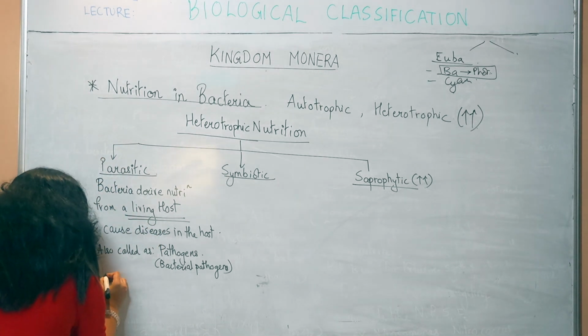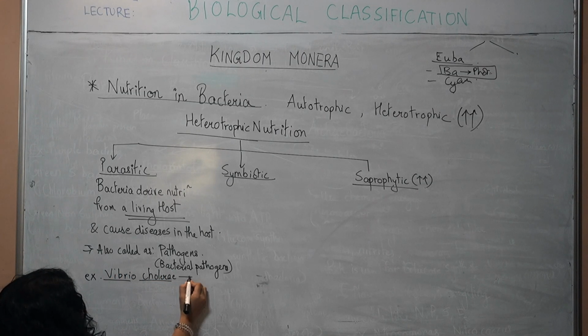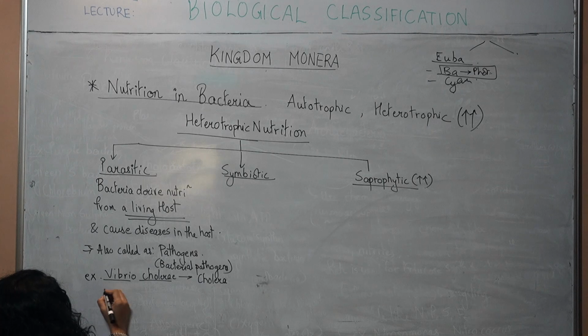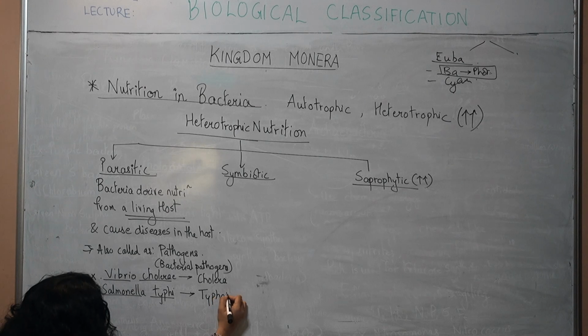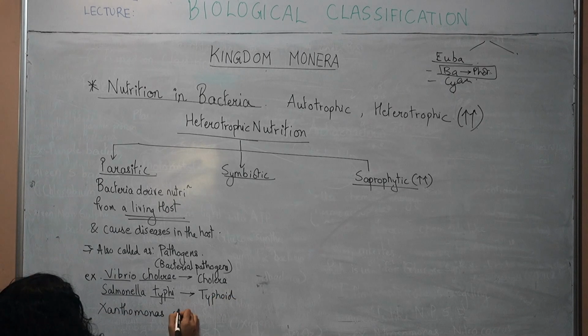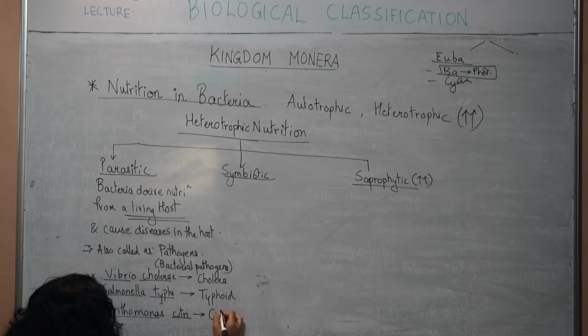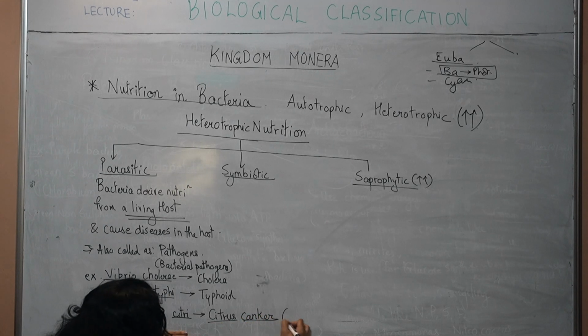Let's write down examples. Vibrio cholerae causes cholera. Then Salmonella typhi causes the disease typhoid in the host. Next, Xanthomonas citri causes the disease citrus canker in citrus plants.